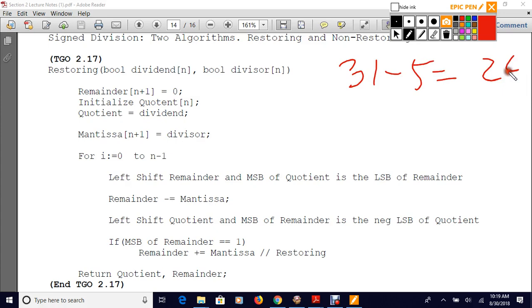That gives you 26, and then 21, 16, 11, 6, 1, right? Then I'd have to do another subtraction physically to go, wait, that's -4, not allowed, right? So if I subtract the value, that means I have to put it back in order to get my remainder of 1, correct? So in that specific case, that's what's known as restoring.